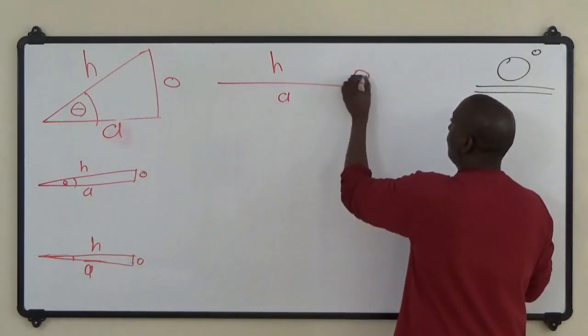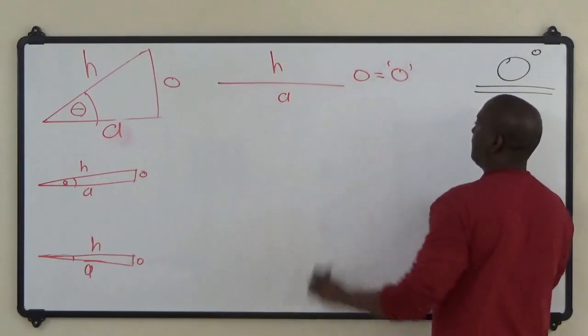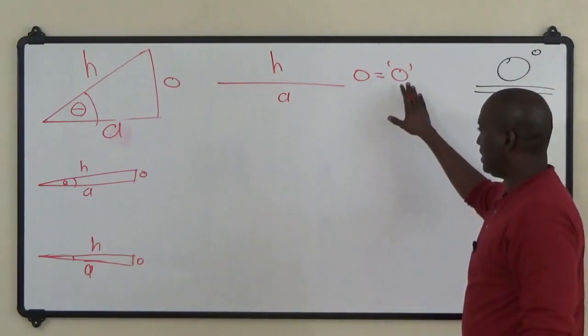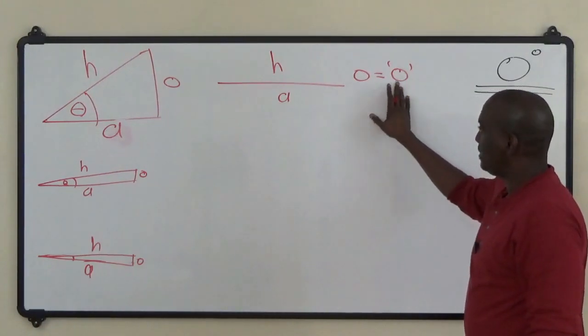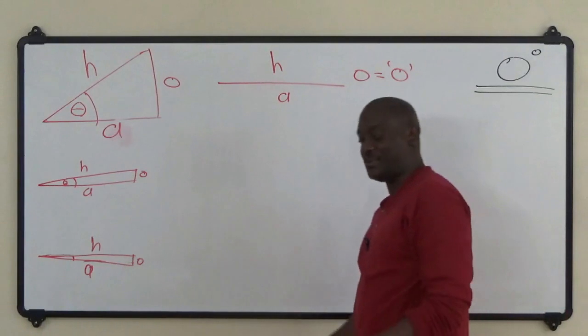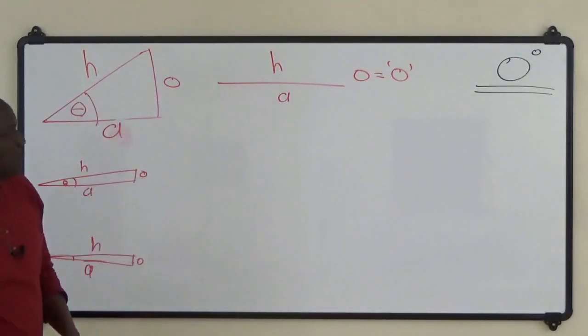So your O is equal to 0. Right? Your opposite side is equal to the number 0. And using that scenario, we could derive all the trigonometric ratios for sine, cosine, and tangent of 0 as follows.